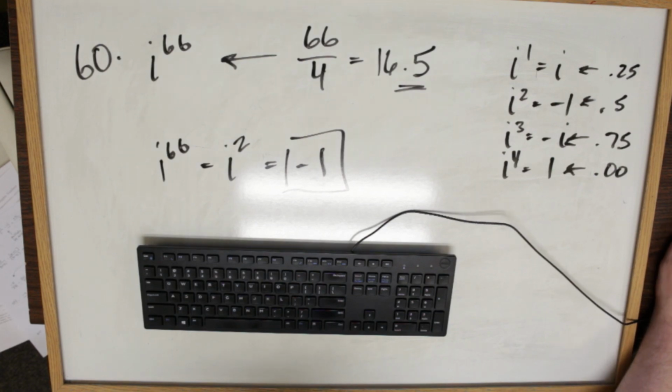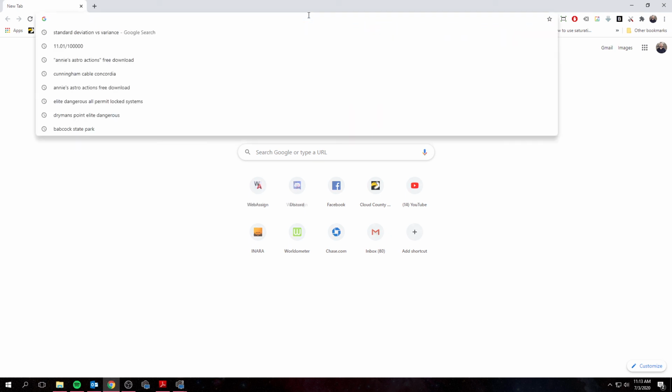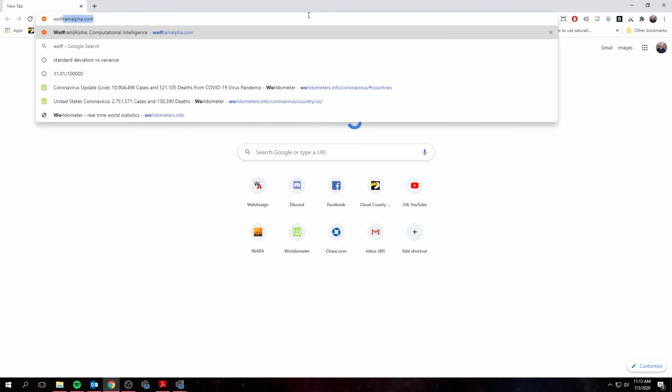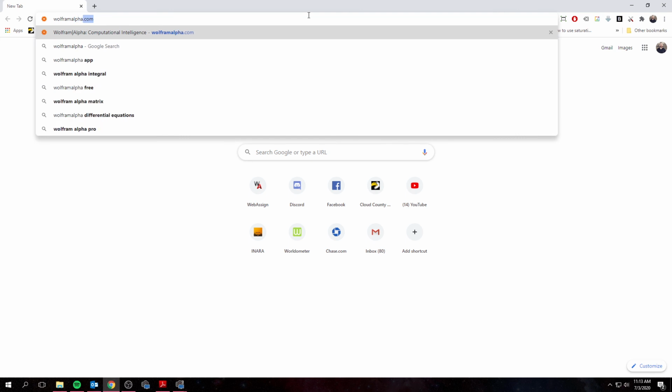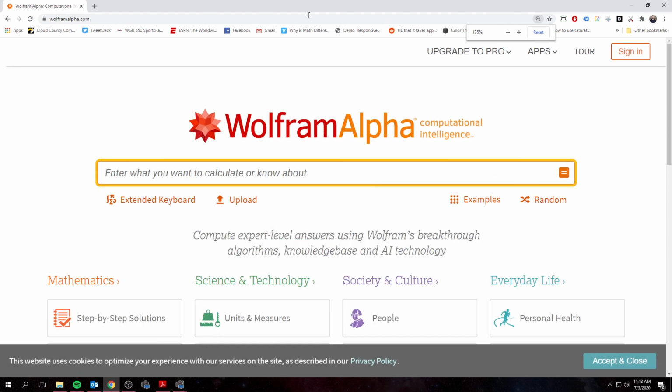Switch to this guy. All right. Hopefully you all can see my browser here. Let's go to wolframalpha.com. And if you can't see it, I'm going to zoom in on it. Okay, there we go.